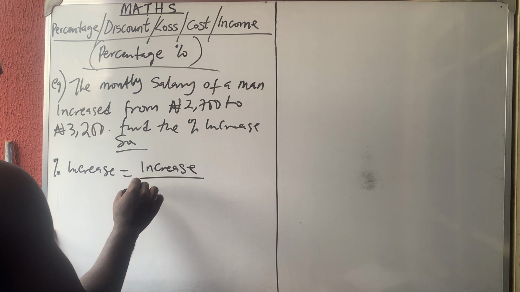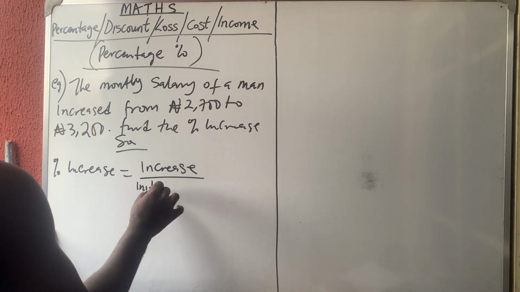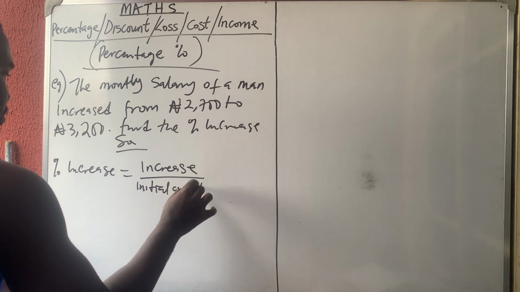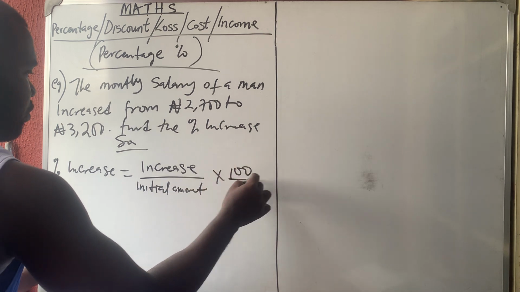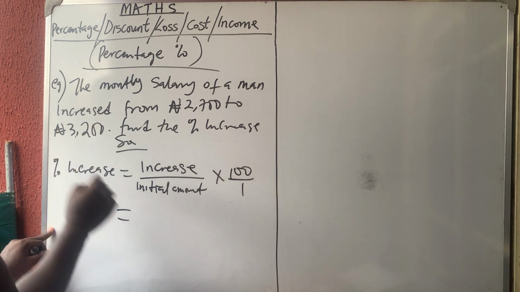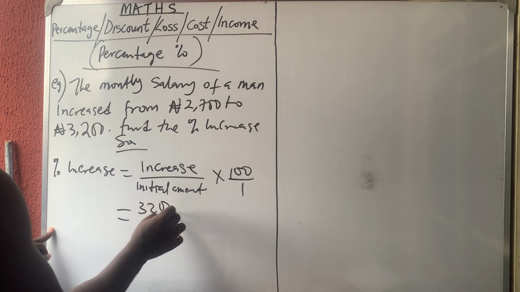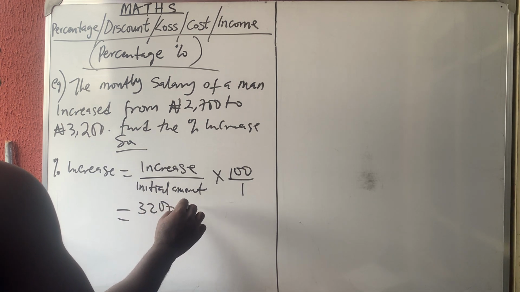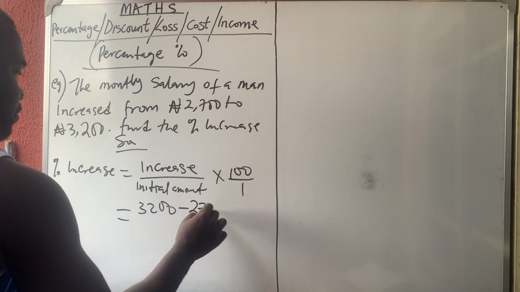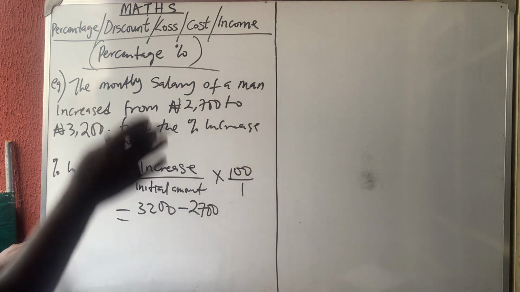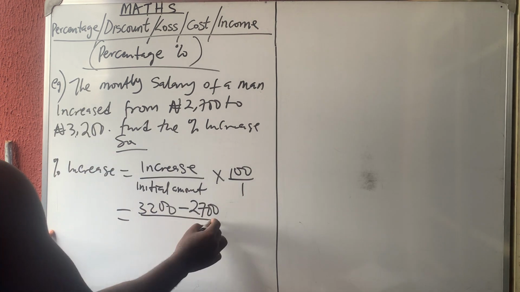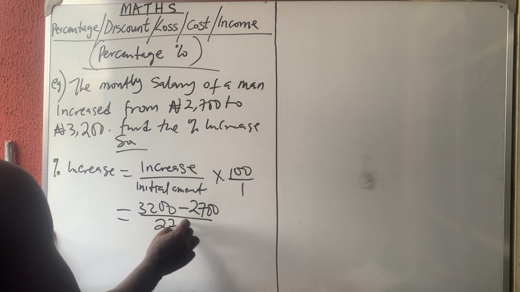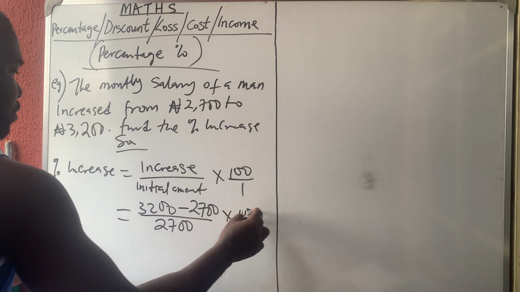Increase over the initial amount times 100 over 1. To get the increase, 3200 is not the increase. 3200 minus 2700 is the actual amount they added. Divided by that 2700 times 100 over 1.